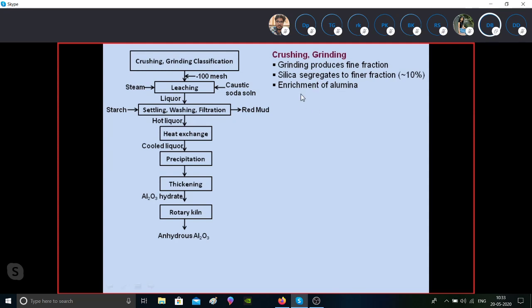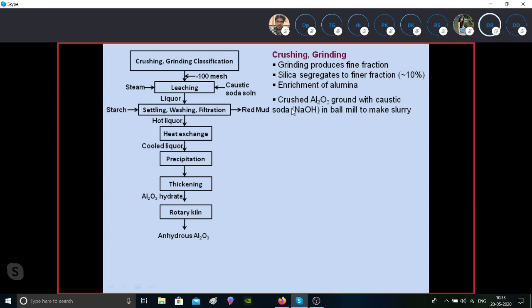This is then ground with caustic soda. What is caustic soda? Sodium hydroxide, okay? Sodium hydroxide is written here.